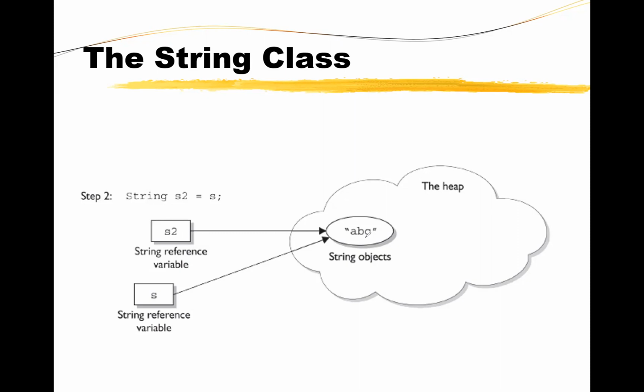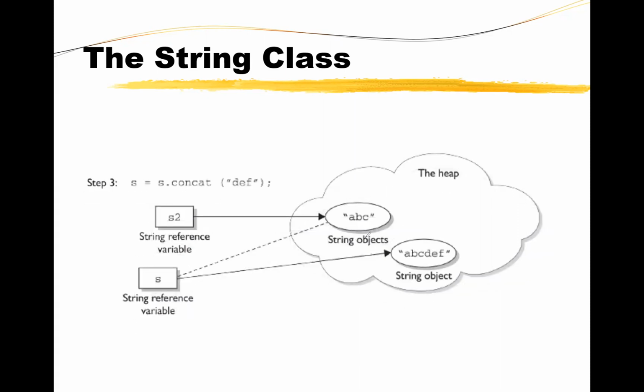Now if you say s equals s.concat def, that means you append def to the abc value. Therefore, it's going to create a new string object called abcdef, and the previous reference is removed from the abc object and updated to the new object.